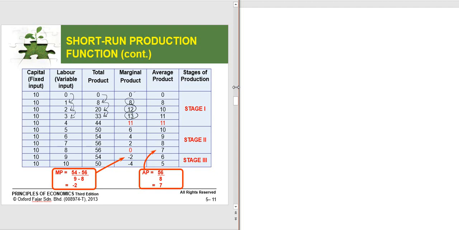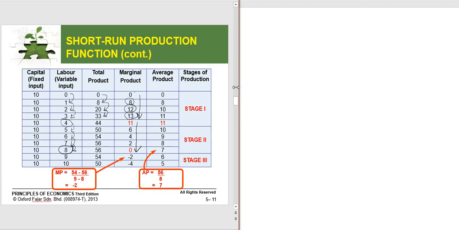So your marginal product at the beginning will increase, and then it will start to decrease at a certain level of production. When there are 4 laborers, from that point your marginal product will start to decline as you add more and more labor, until the maximum number, which is 8.